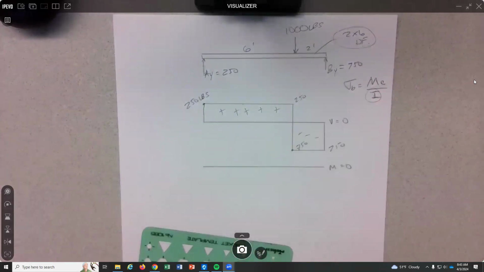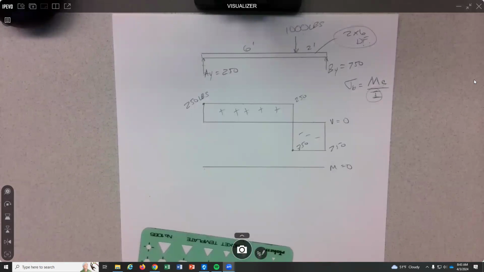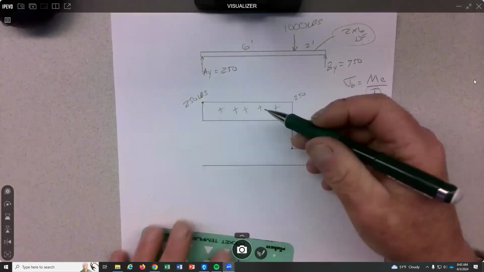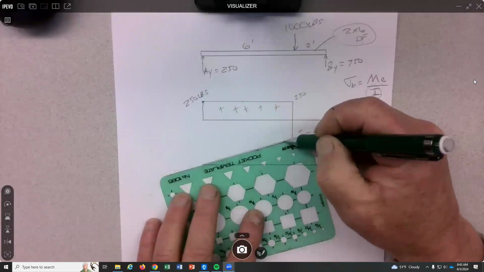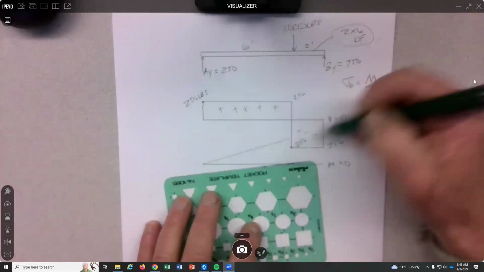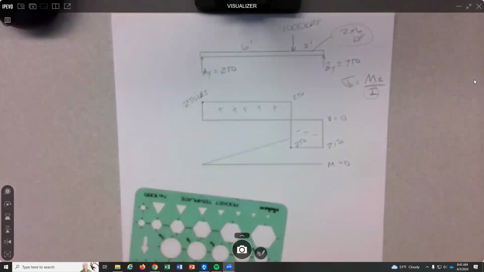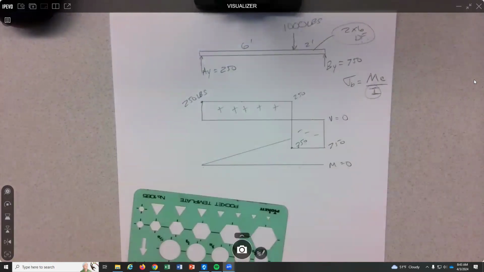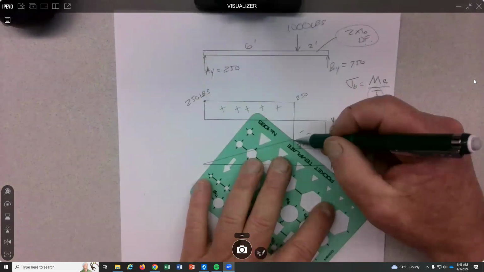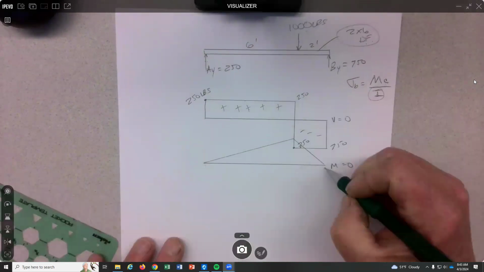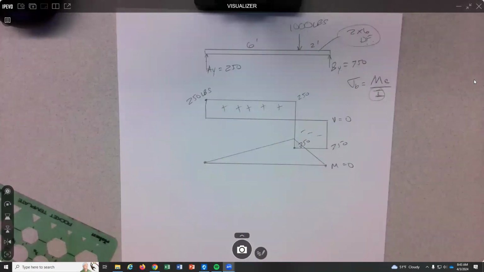It's a 750 value. So the value of the slope is this diagram. So I'll make this one kind of flat, and you just kind of represent best you can. And it's going to interfere with my shear diagram, but that's okay. Right? So I made it kind of at a moderate slope, and then it's going to go negative, and it's steeper, which makes sense, right? Because it's also going to return to 0.